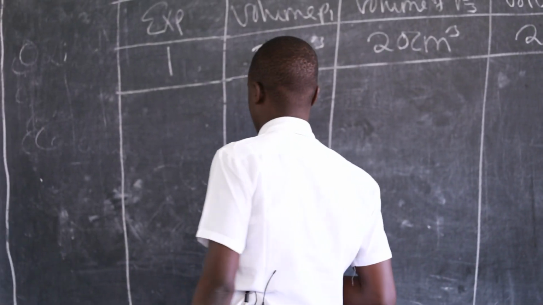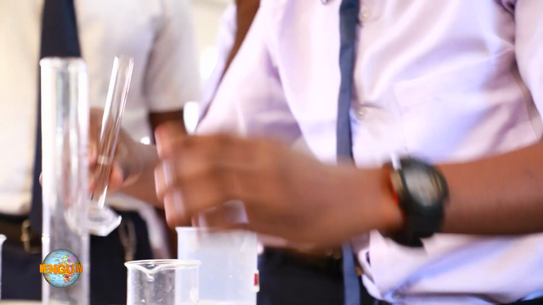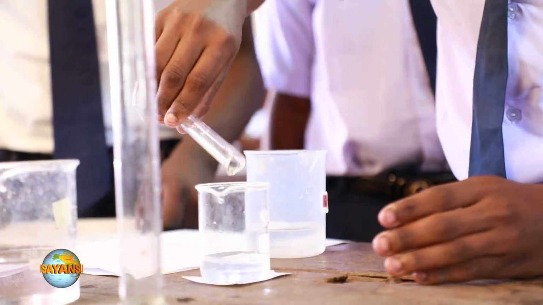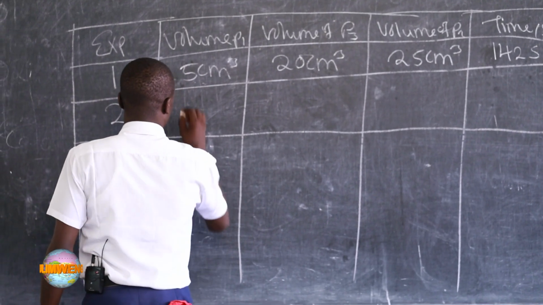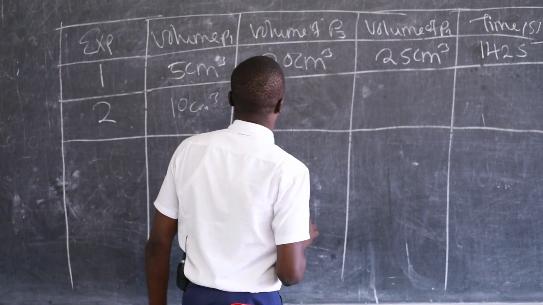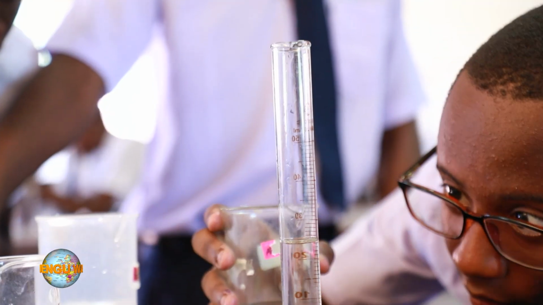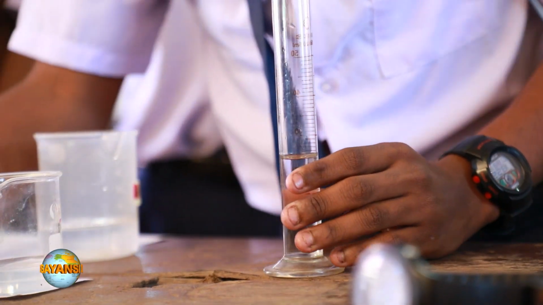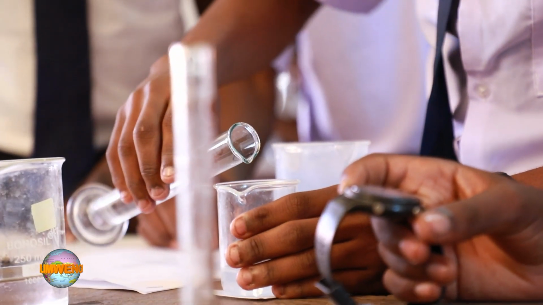We did experiment number 2. We were given P1, which represents sodium thiosulfate, 10 cubic centimeter, and the volume of water, which is 15 cubic centimeter, and the volume of hydrochloric acid, which is 25 cubic centimeter.